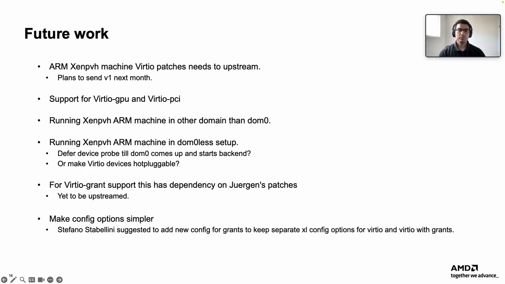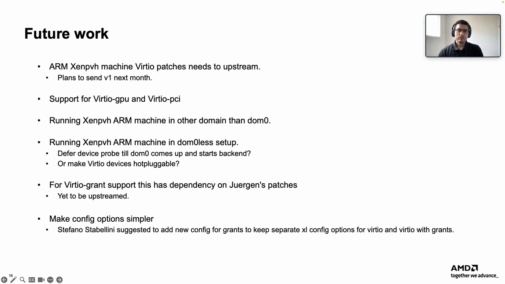For VirtIO grant support for this machine, the patches have a dependency on Jürgen's patches, and we'll be speaking to him to see if we can try to upstream the QEMU patches for grants. And lastly, make config options simpler.